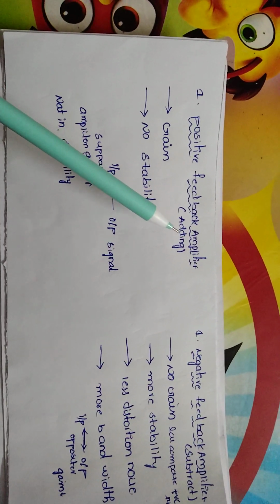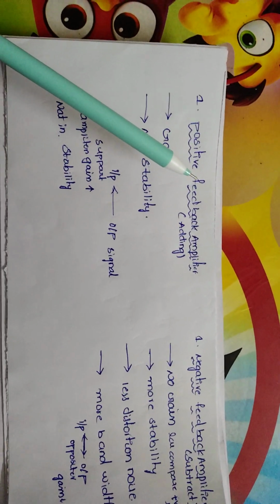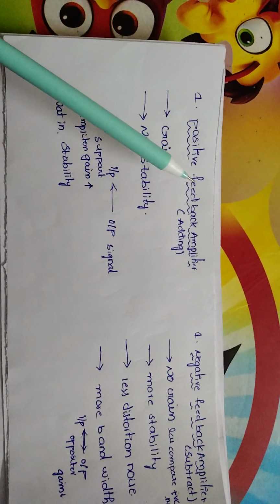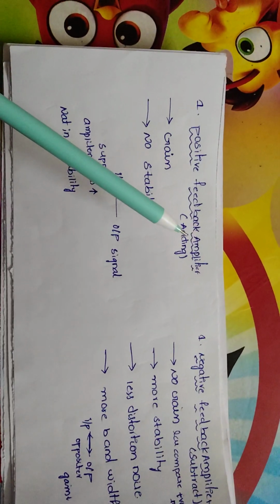Positive feedback amplifier means that from the sampling circuit to the mixer circuit, we have the signal or current added to the input signal, so we call it a positive feedback amplifier.